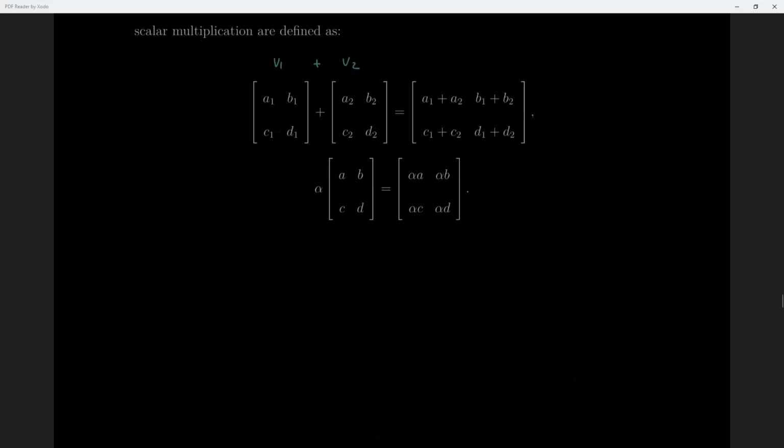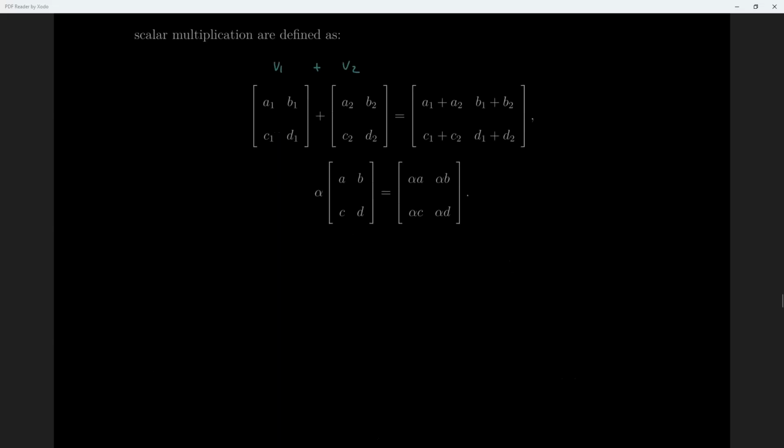And if we are given a basis set, let's say B is equal to 1 0 0 0, 0 1 0 0, 0 0 1 0, and 0 0 0 1. Notice that this is a canonical basis.